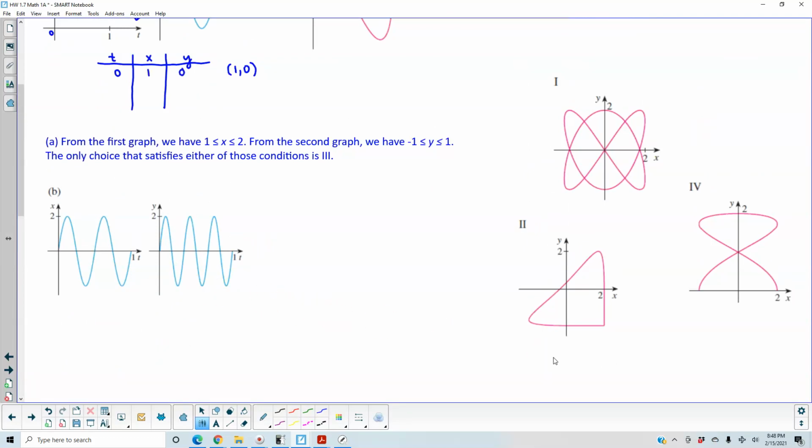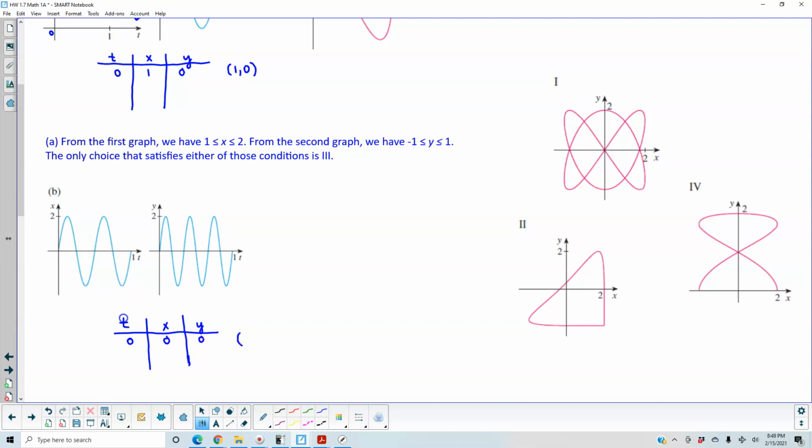Okay, so again, if we create a table, we have t, we have x, and then we have y. We know that the horizontal axis is t. So when we take a look at the value of t when it is 0, the value of x is 0 on the first graph, and the value of y is 0.